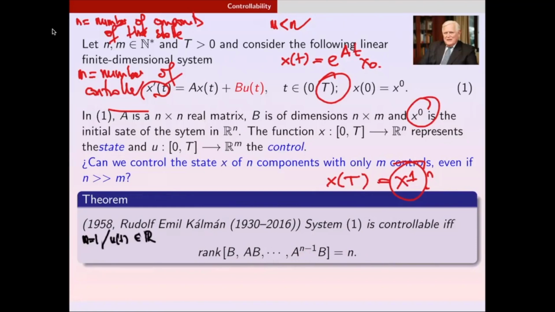This is like the temperature in the thermostat. You just choose temperature. You don't even have the intensity of the fan or the winter and summer mode. It's a very simple thermostat. Just one actuator, U(t), just regulating temperature.